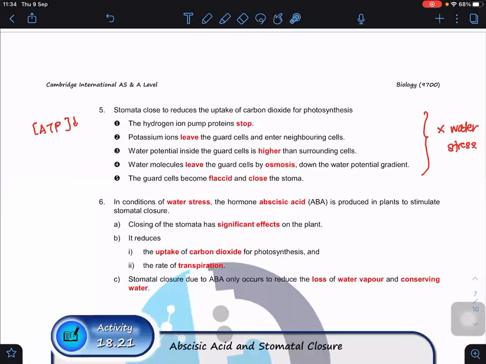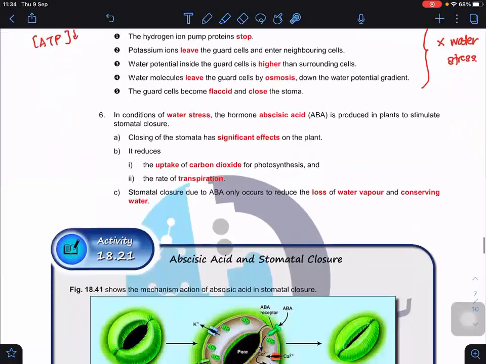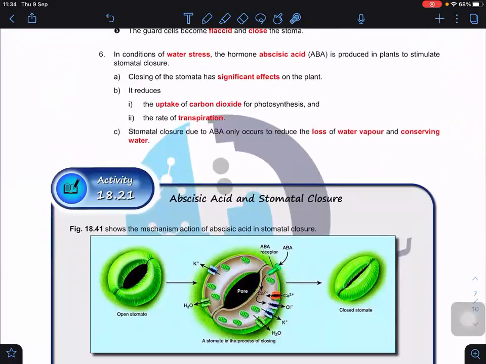So that is the reverse process. But in the case of water stress, it means that the rate of transpiration is too high. Then the plant cells secrete a hormone called ABA.